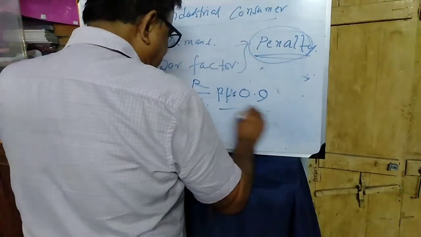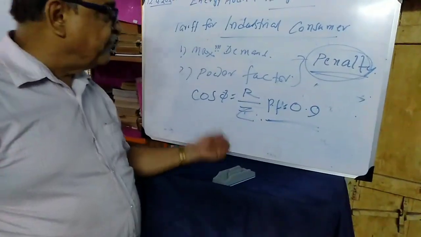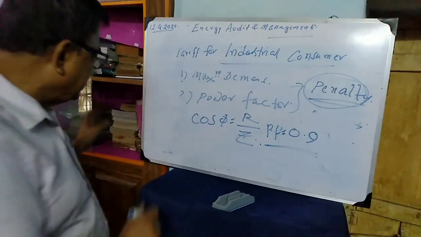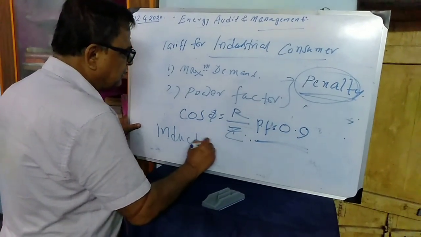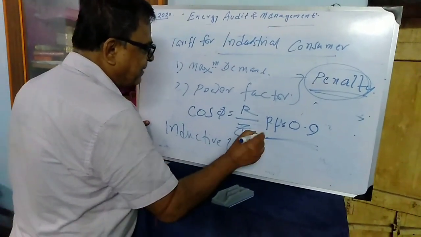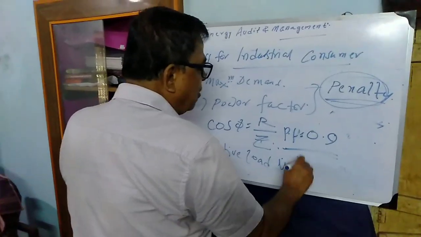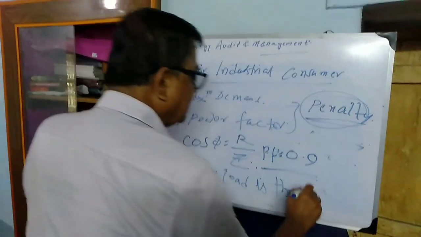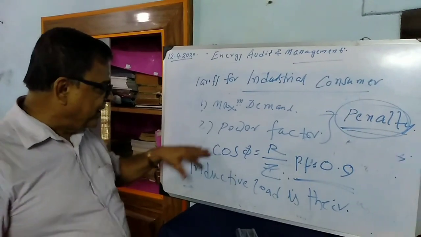But it can be decreased if the total system has inductive load. Generally all are inductive loads. Induction motors, maximum 80%, are used in industry, and lighting loads are also inductive. So generally the power factor will be reduced due to inductive load.